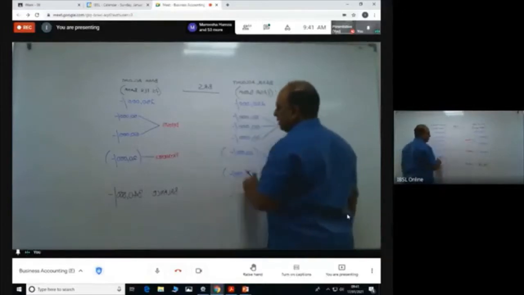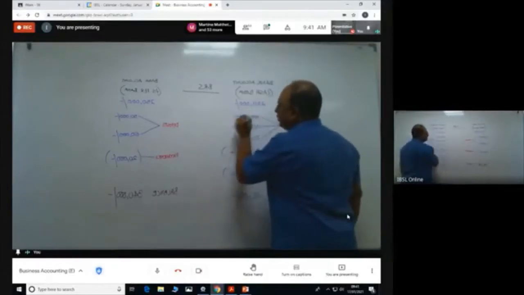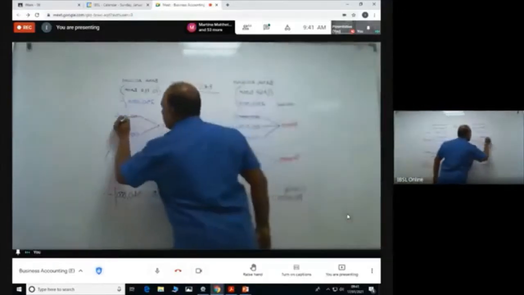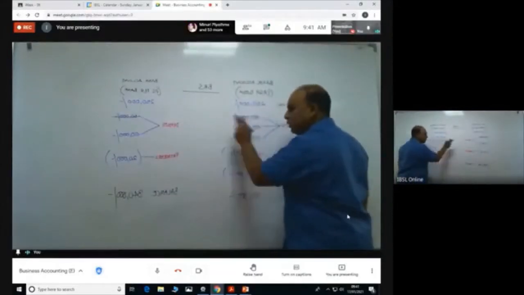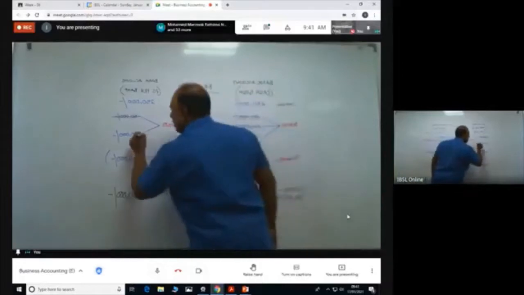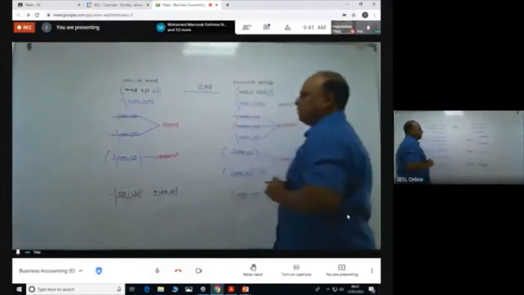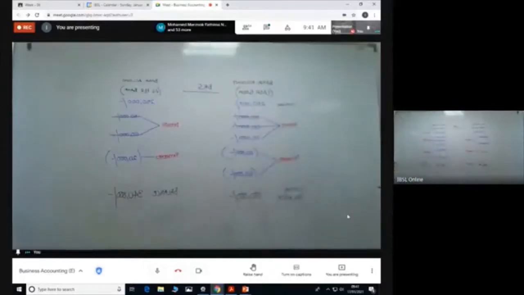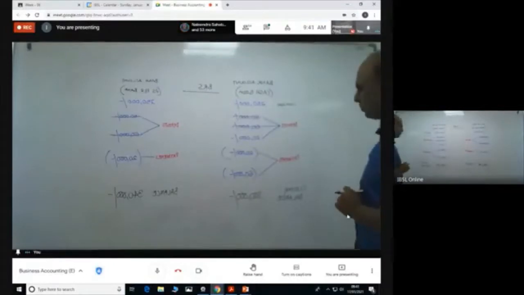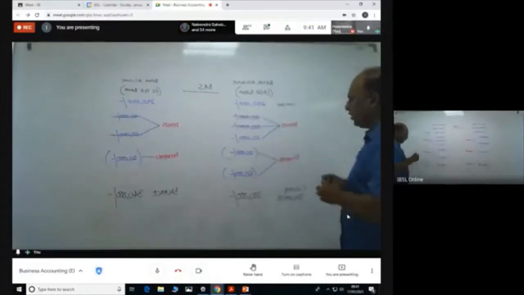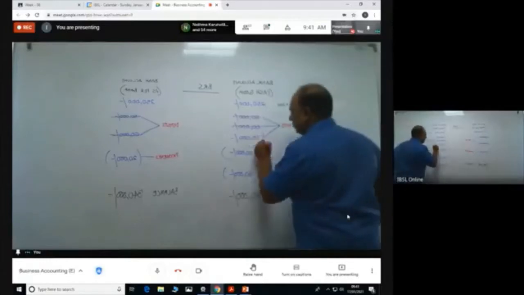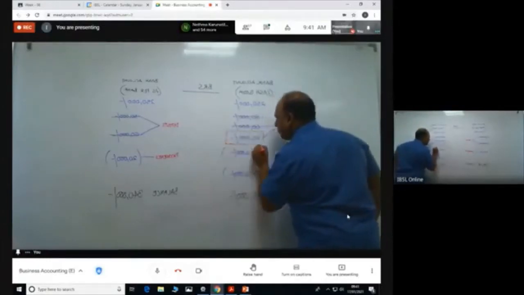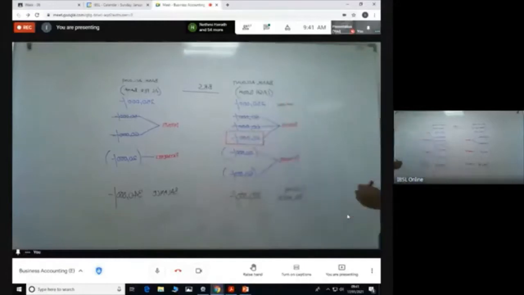Same is there. I observe this 50,000. I observe this 60,000. Assuming the same check numbers are there, and cut off this. Then this one is not marked. Then I go to payments.